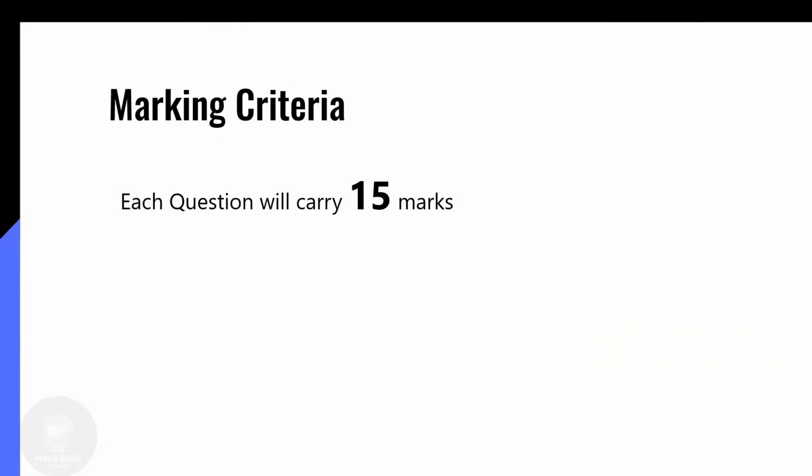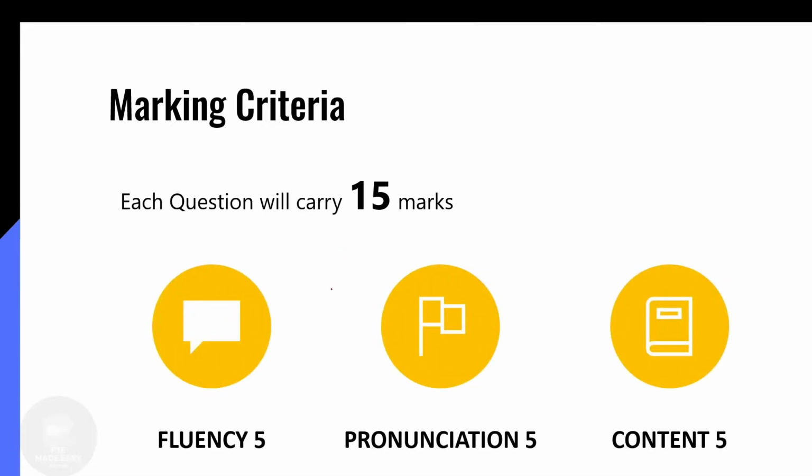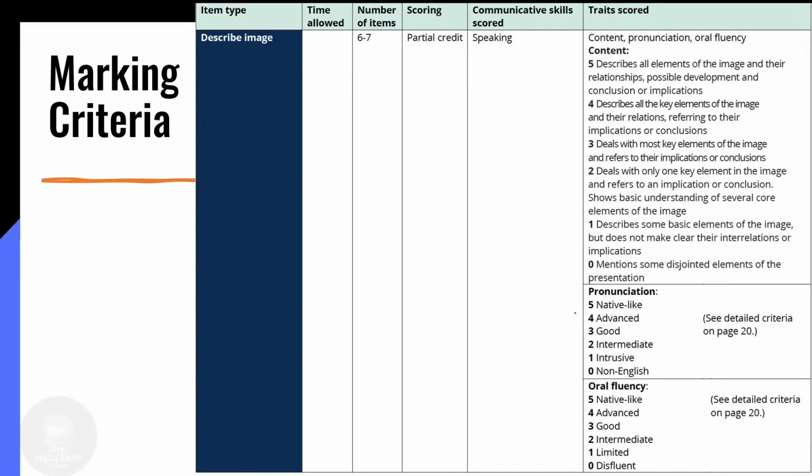You have 15 marks for each question. You have 5 marks for fluency, 5 for pronunciation, and 5 for content. For the fluency and pronunciation score, we have discussed them in detail in the Read Aloud video.